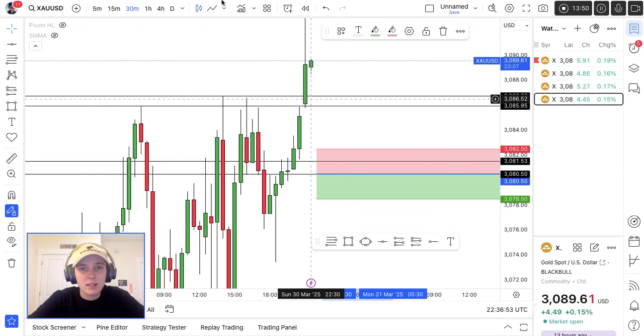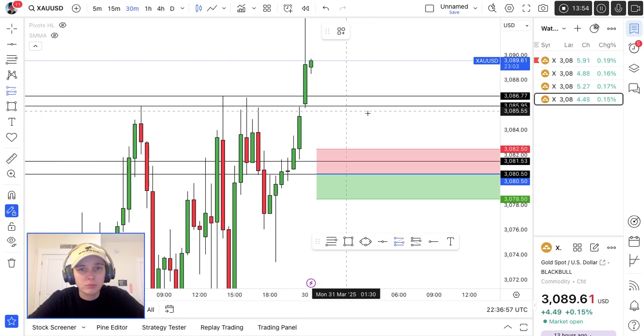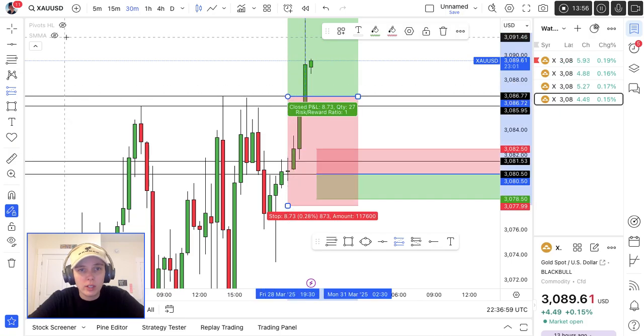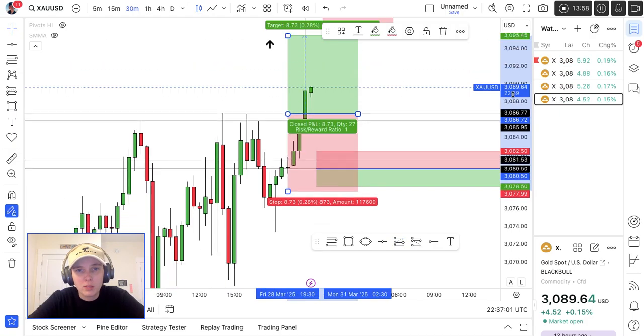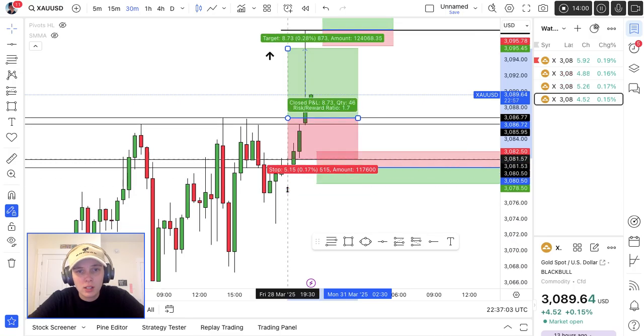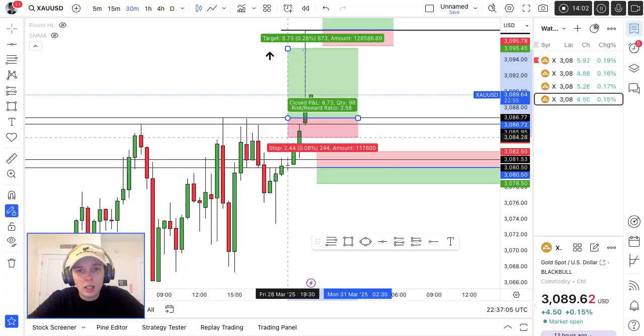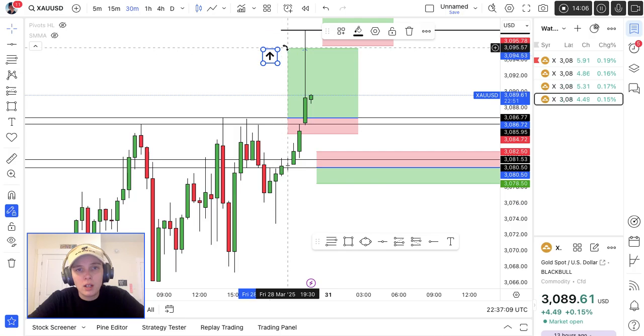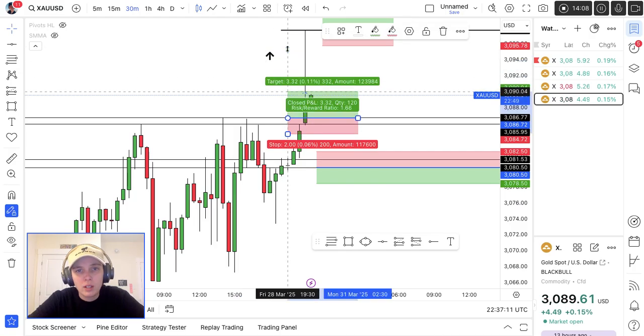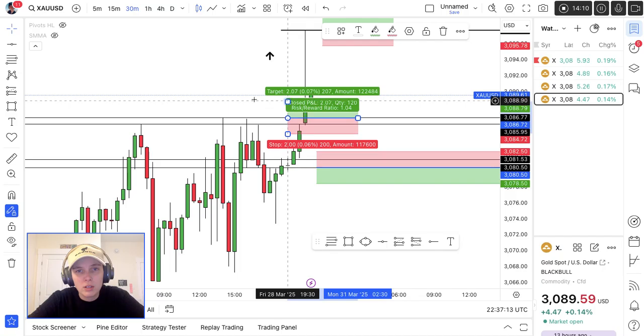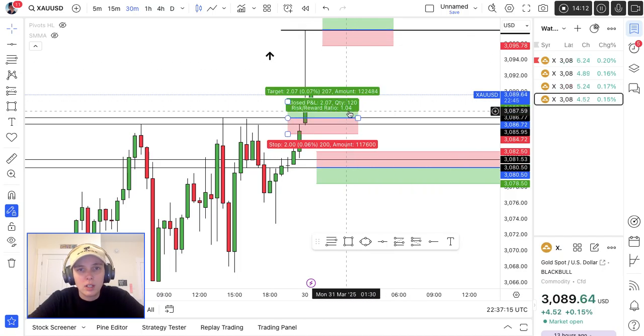Yeah, guys, it's a weird one because we would have taken this entry here, but we got triggered in anyway. So that's price growth. Just to show you guys an example, we would have had a 20 pip stop with a 20 pip target, so we would have already eaten that trade.